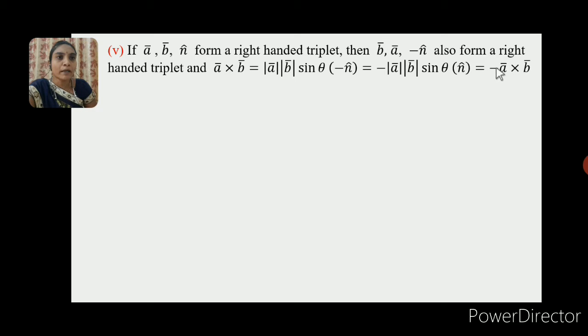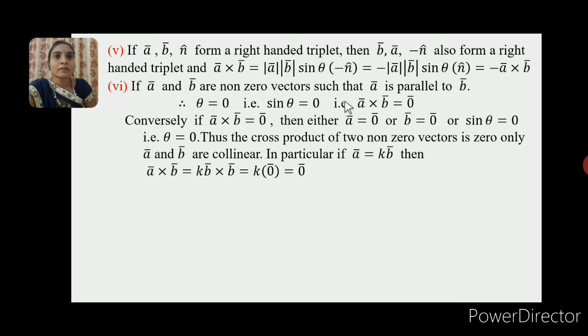That is, B bar cross A bar is equal to minus A bar cross B bar, that is, the vector product is anti-commutative.